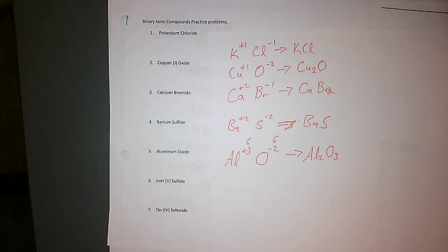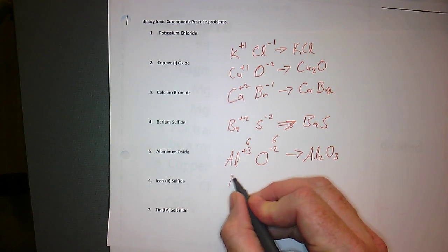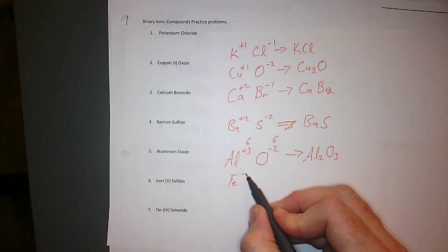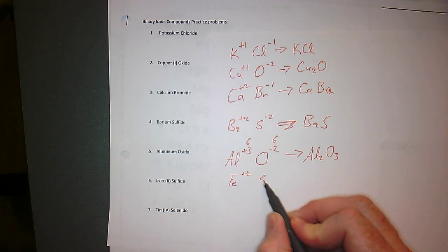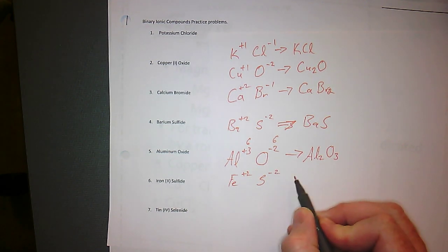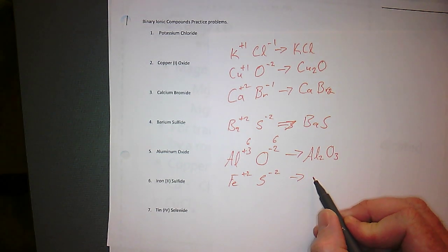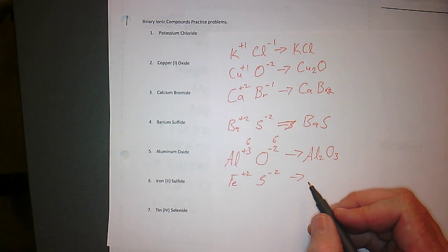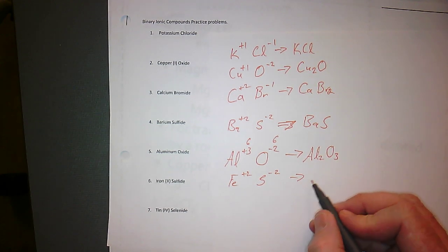A lot of people did that one backward. Okay? Iron is Fe. What's its charge here? +2. Sulfur, -2. They cancel. See you guys.